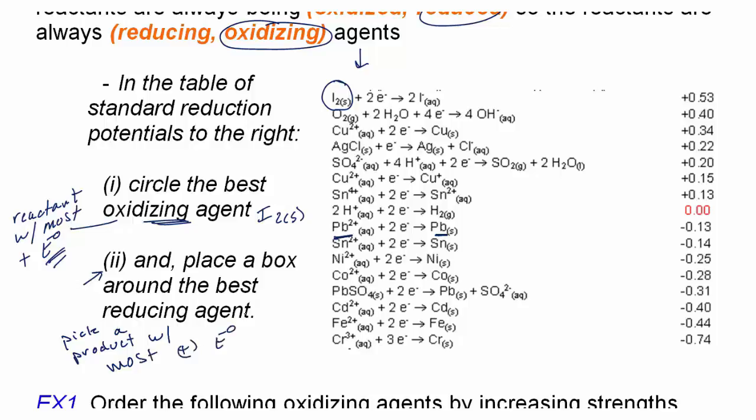And remember, when we're flipping these half reactions, we have to flip the sign. That's why I said most positive. So flip all these half reactions. Chromium solid, it's going to be a positive 0.74.